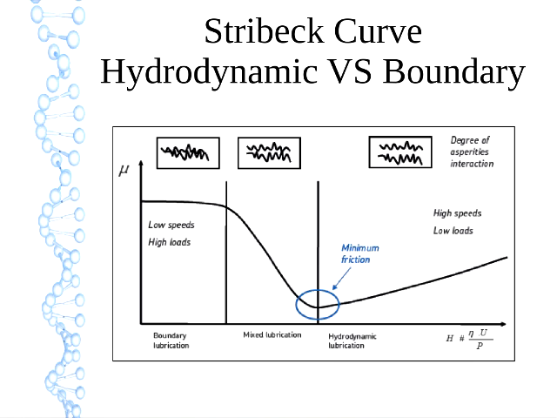So when you're on the left-hand side of this curve, low speed, high load, and also low viscosity, so something more like water as opposed to molasses, you've got a high friction. And as you move to the right, you move more towards hydrodynamic lubrication, the friction goes down. This is because you start to get a little bit of hydrodynamic lubrication occurring in some parts of the contact, and that's called mixed lubrication.